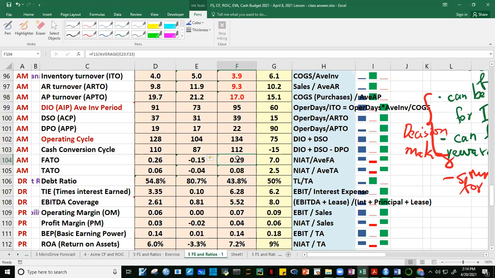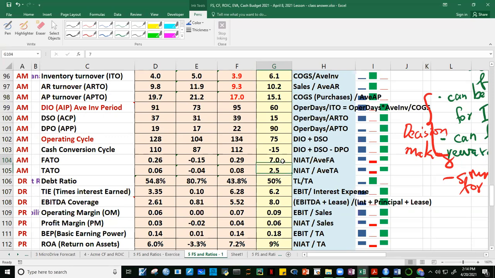Okay, that's really way behind kung i-compare natin sa competitor company nila. Ito 8 centavos lang yung bottom line niya per 1 peso of total asset. Ibig sabihin mas efficient tong competitor niya kasi nakakapag-generate to ng 2.5 pesos for every 100 pesos of total assets, or 2.5 centavos for every 1 peso of total assets.